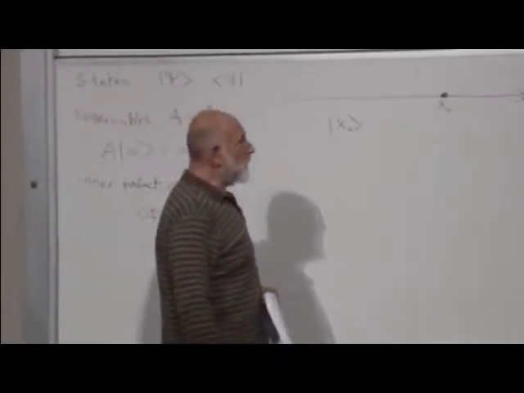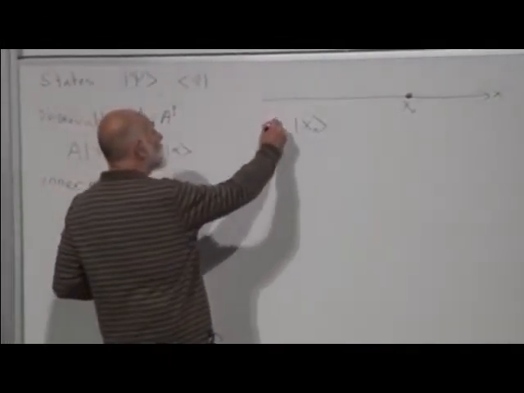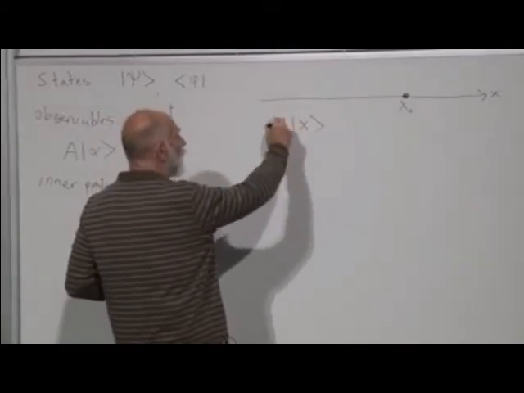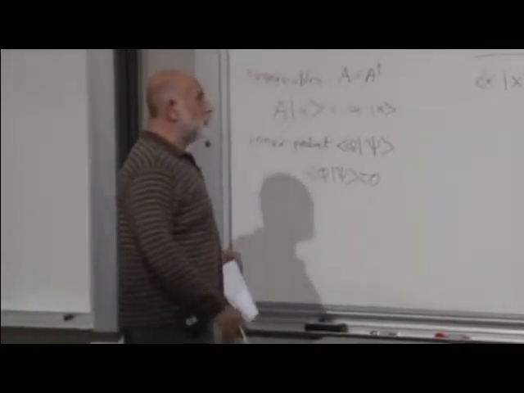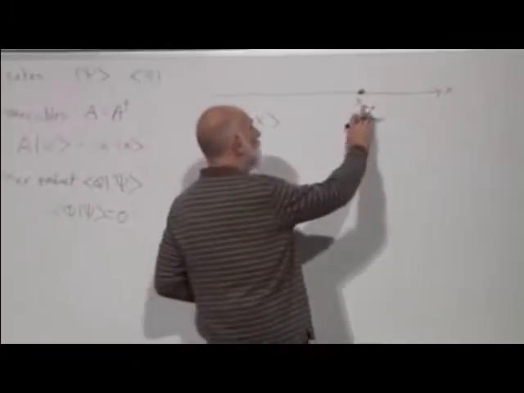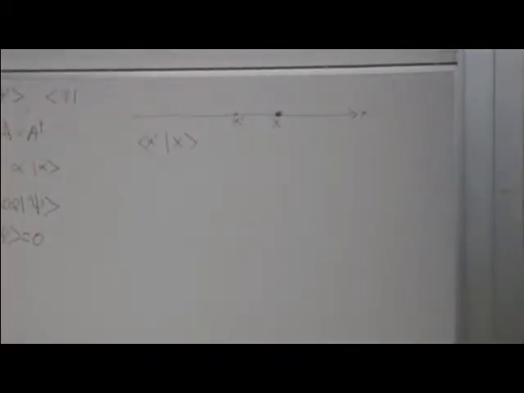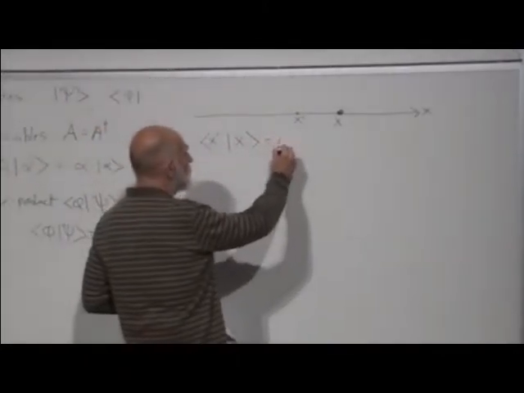Good. The next concept: state vectors for different values, let's call them x and x prime. If x and x prime are two different positions, then clearly those two states are distinguishable operationally, by measurement, so these two states are orthogonal.